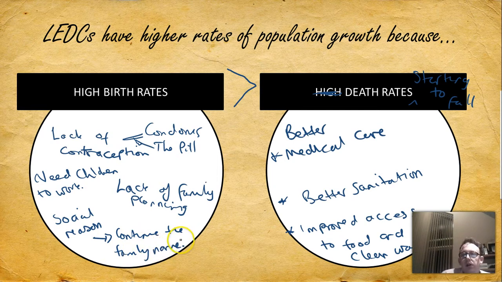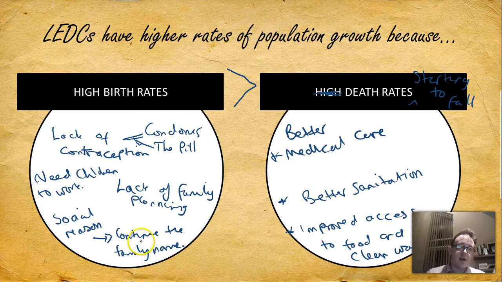If you're a Tanzanian family, for your family name to continue, you need to have a boy. The first baby you have is a girl. The second baby is a girl. The third baby is a girl. You still want that boy to continue your family name. So you keep having babies in some instances until you have that boy. Those are just some of the reasons.